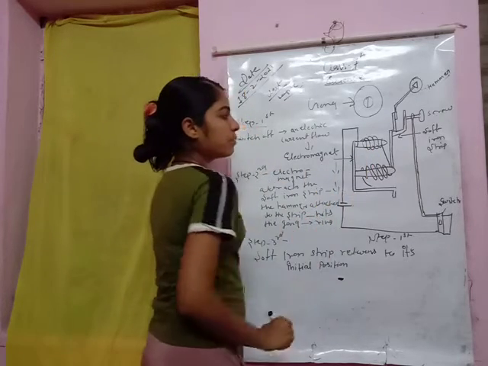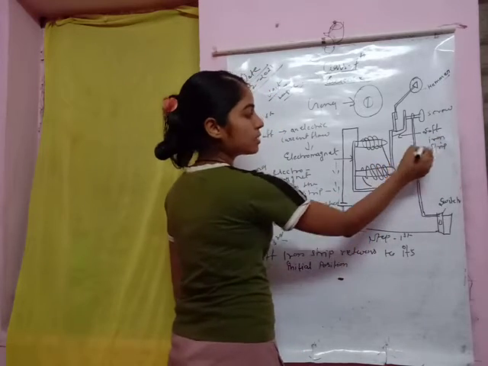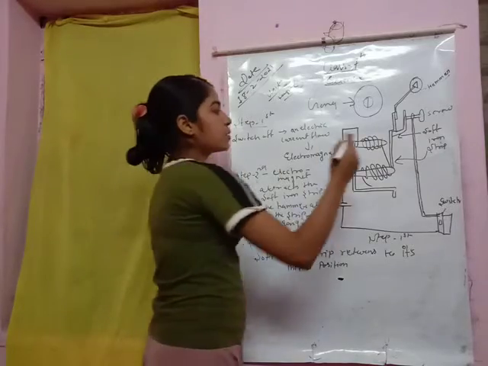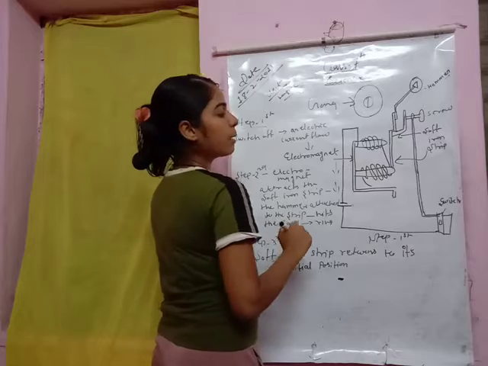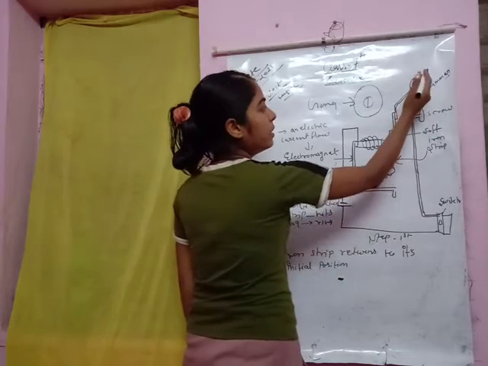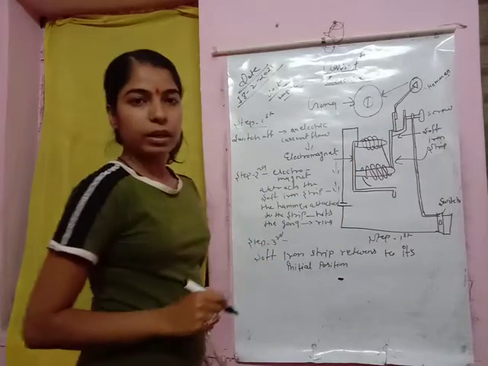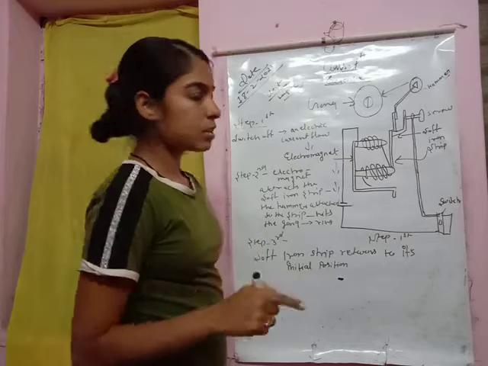When the electric current flows, this soft iron strip will be attracted towards the electromagnet. When this soft iron strip is attracted towards the electromagnet, then this hammer will strike the gong, and the ringing sound will be produced. So this is the first step.